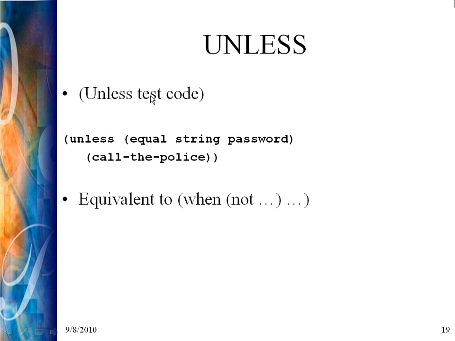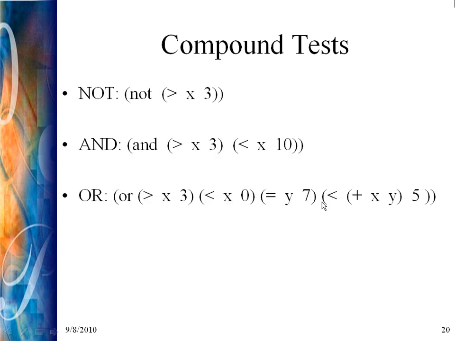if not the test, if the test is untrue, progn a bunch of forms. You can have as many forms as you like. We only have one here, call the police, but we could also have ring the alarm, etc. So again, this is equivalent to when not the test, then do as much code as you like.